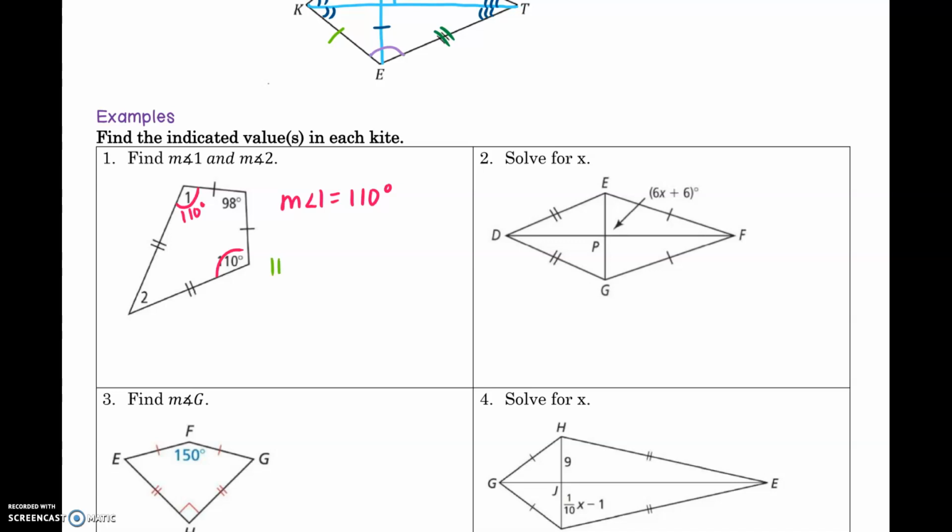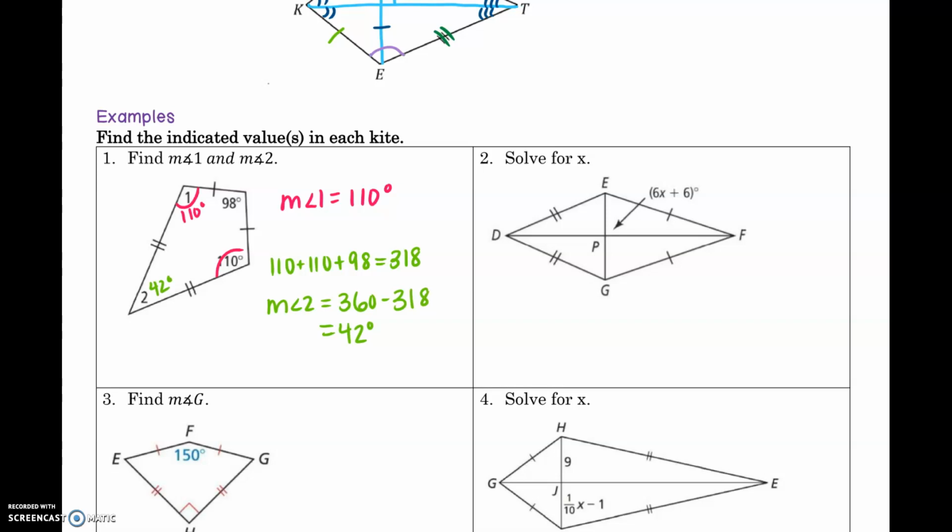So we can add up 110 plus 110 plus 98, and we get 318 degrees. So the measure of angle 2 is going to be equal to 360 minus 318, which is equal to 42 degrees. So the measure of angle 2 is 42 degrees.